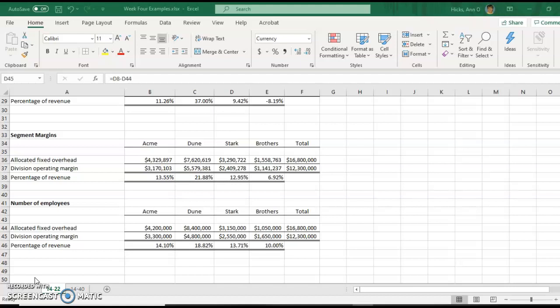Now, obviously, if we're looking at Brothers, if they controlled their direct costs better, then they might be more able to absorb the amount of overhead that's being allocated to them. So there is that argument, but nonetheless, in the first couple of scenarios at least, they're being put into a loss mode strictly because of the amount of overhead they're being allocated.